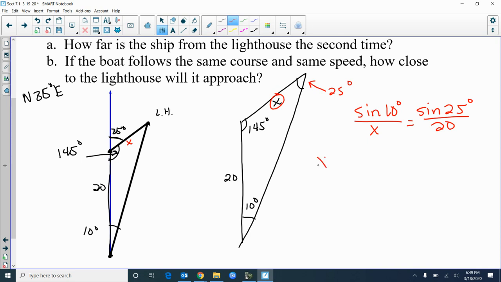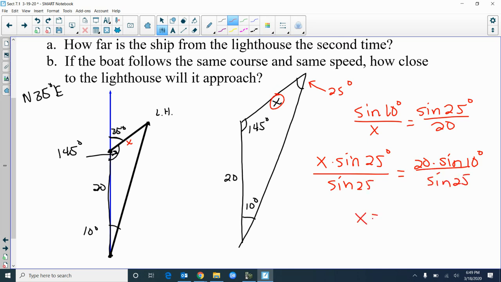Cross multiply, x times the sine of 25 equals 20 times the sine of 10, and then divide by the sine of 25.